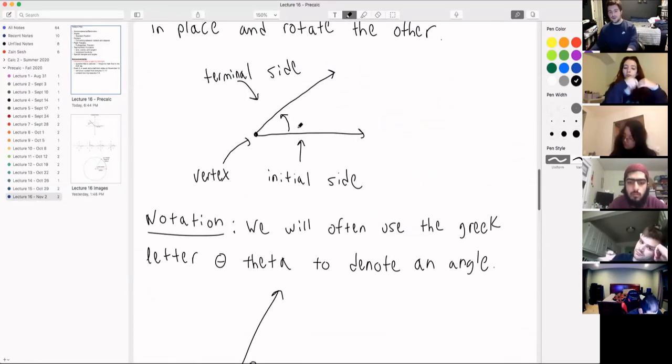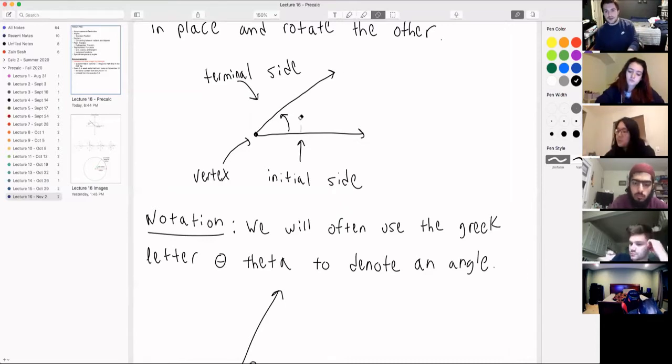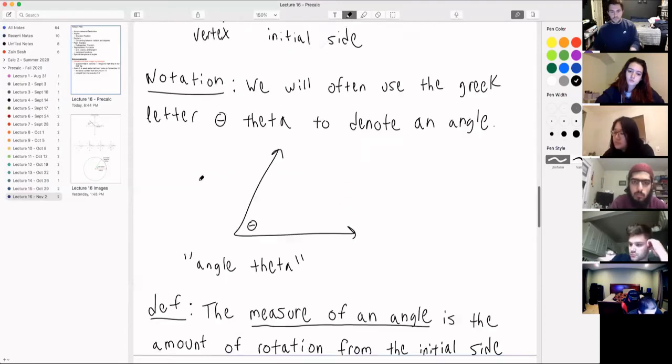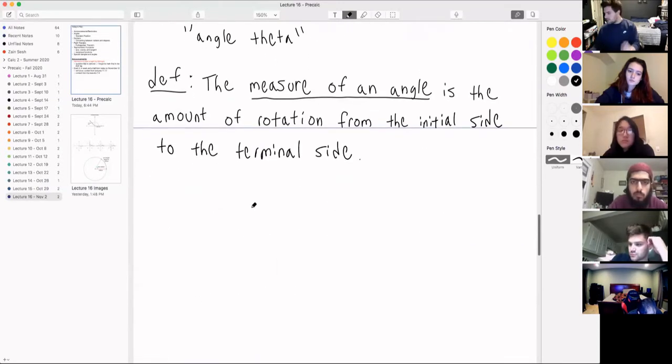So how much did we rotate from here to there? This should seem fairly intuitive. I know I'm stating very intuitive facts, but I need to put a mathematical foundation to these intuitive facts.